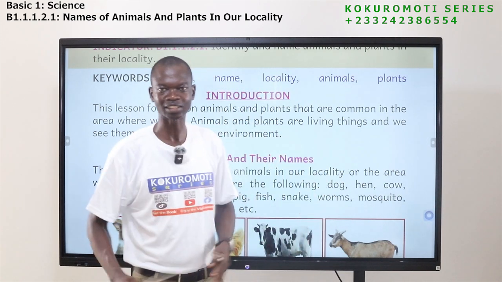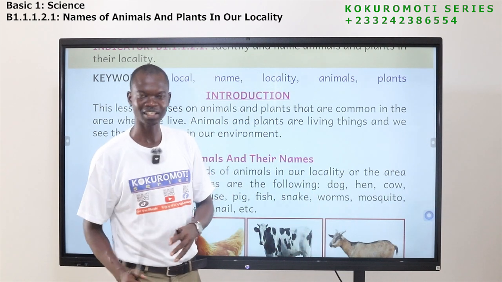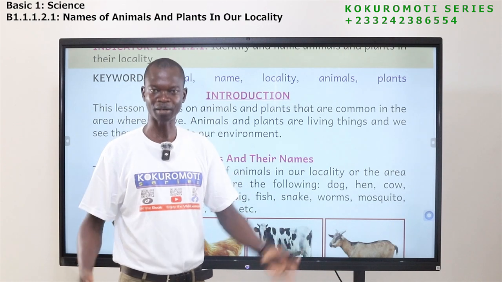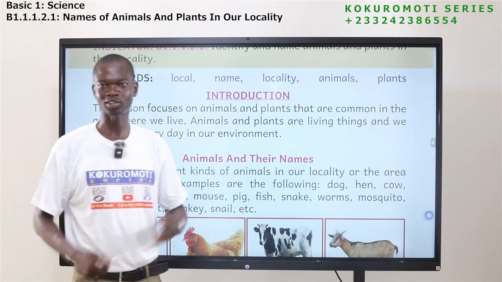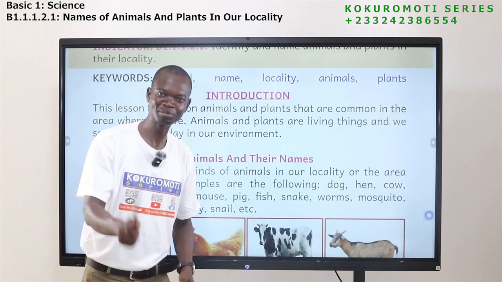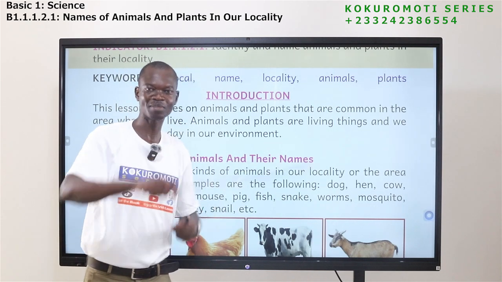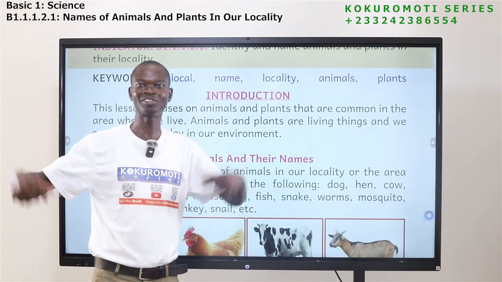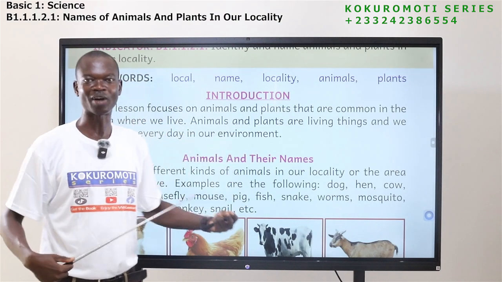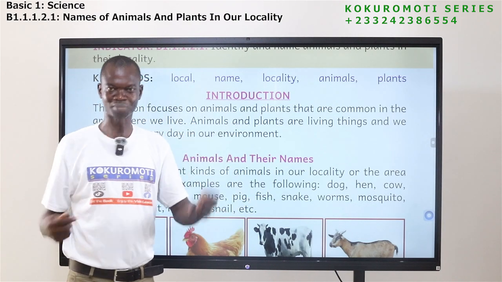So today we are looking at plants, animals, and how we call them. We are also going to look at the local names that we use to call them. Today you tell me the local name of the animals and plants that you have, and I also tell you how we call our animals and plants.